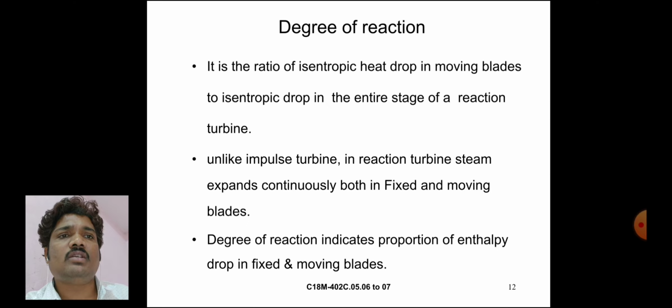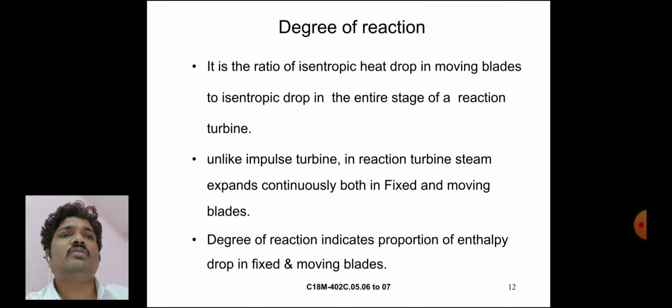Unlike an impulse turbine, in a reaction turbine steam expands continuously both in fixed and moving blades. Degree of reaction indicates the proportion of enthalpy drop in fixed and moving blades.